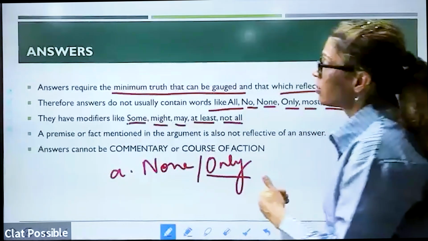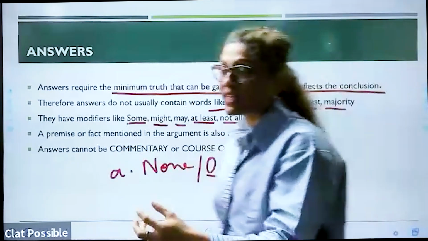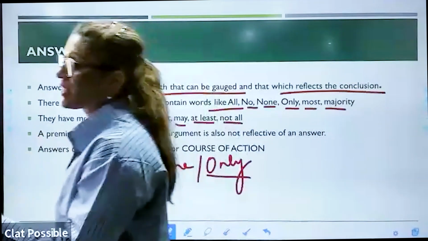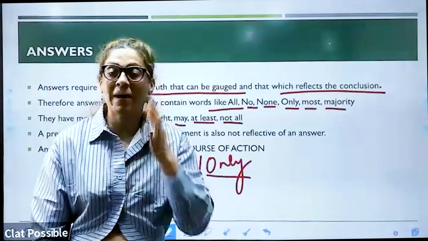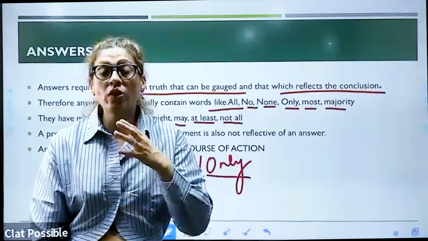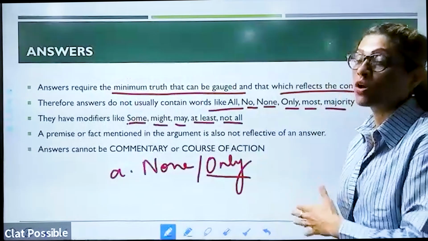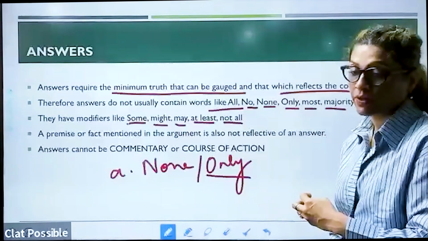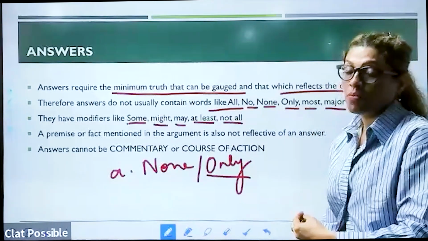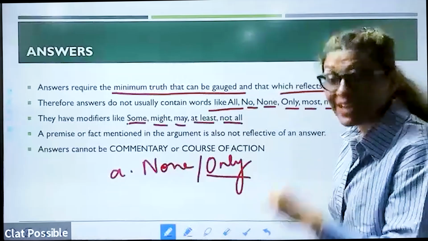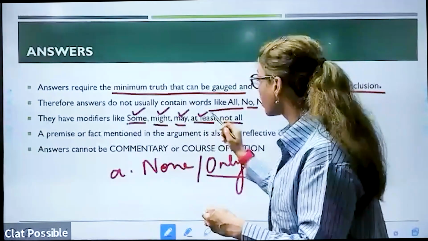So because an inference answer cannot exceed the scope of the passage, and because inferences have to be within the superset of the passage, they don't have keywords like all, none, only, most, majority in their answers. They usually, most of the times, unless stated in the passage, will use the other words.